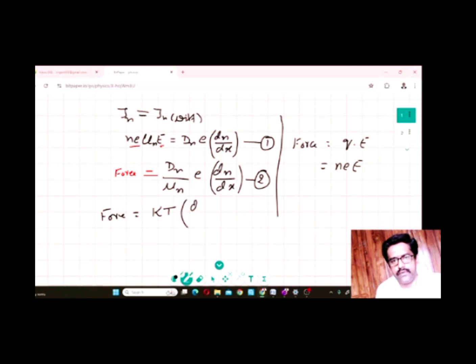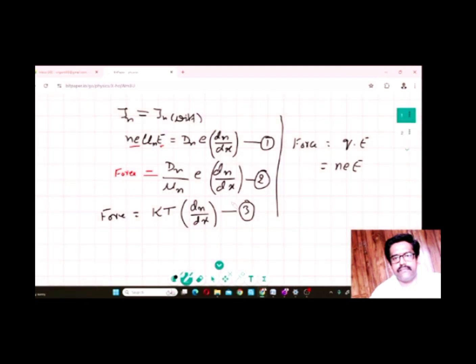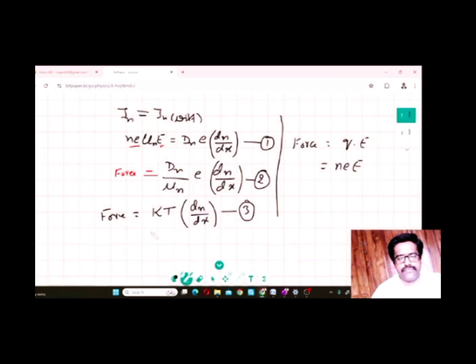That is equation number 3. So at thermal equilibrium, we equate both equation 2 and equation 3.